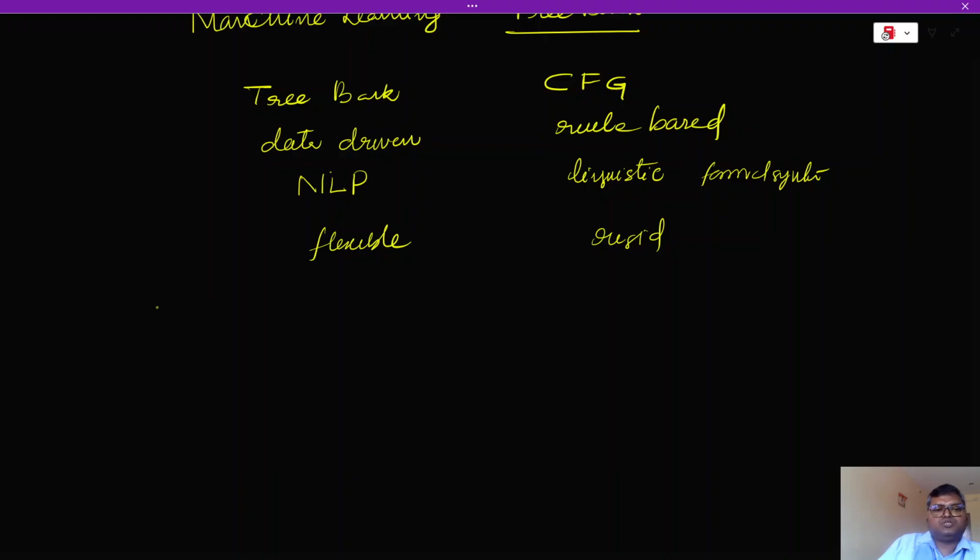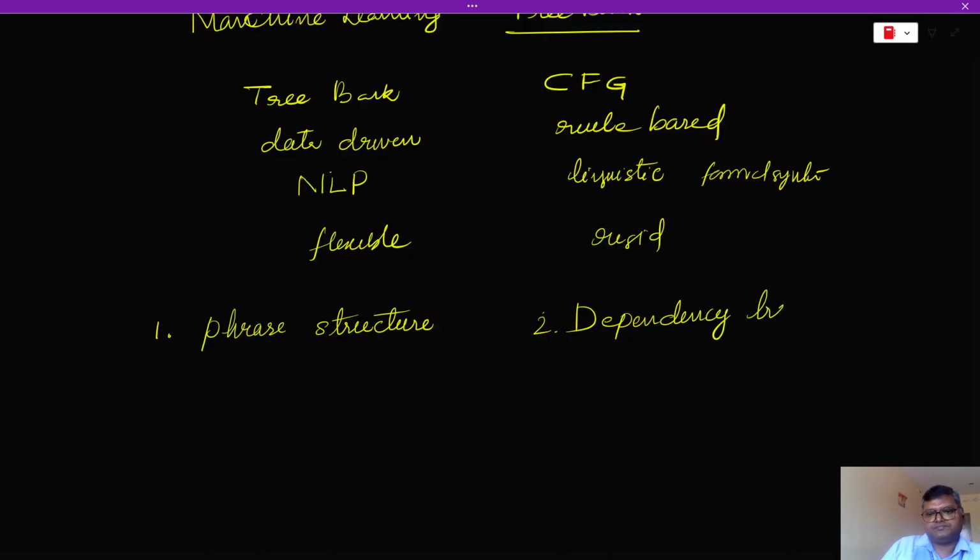Now, there are two types of tree banks. One is called phrase structure tree banks, and another one is dependency tree banks.